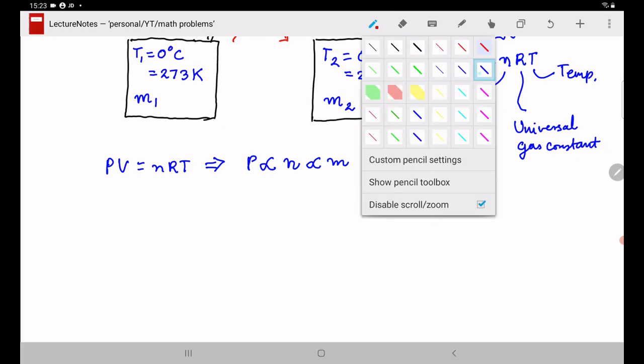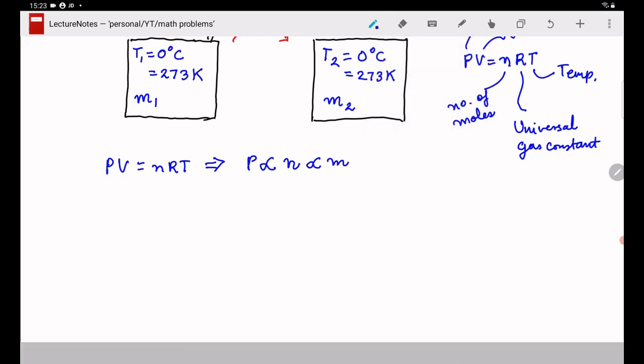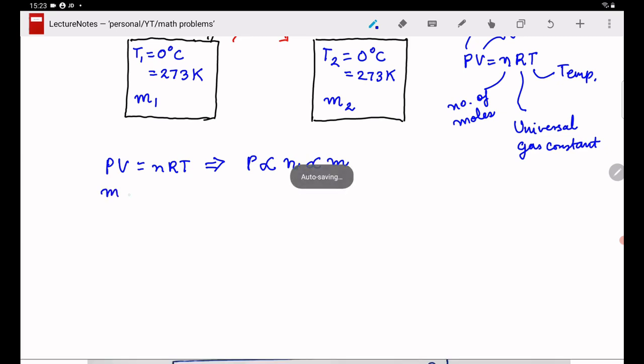The initial mass of the gas, therefore, m1 becomes density times volume, which is equal to 1.3 times 30 is equal to 39 grams. So this is the initial mass of the gas in the vessel.